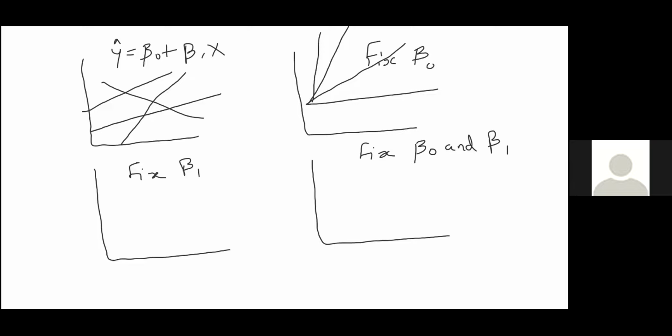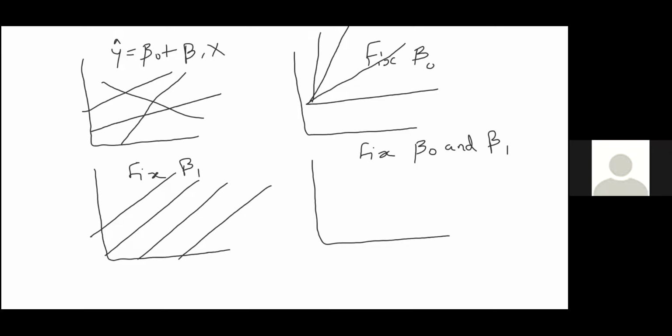Moving on to the third graph, suppose we fix beta 1, we fix the slope. Okay, we fix the slope, but we have 1 degree of freedom to change beta 0. So the slope remains the same, but intercept can be anything, right? So you can have lines like this. Here you have 1 degree of freedom.